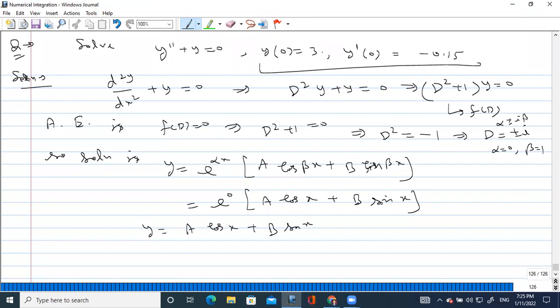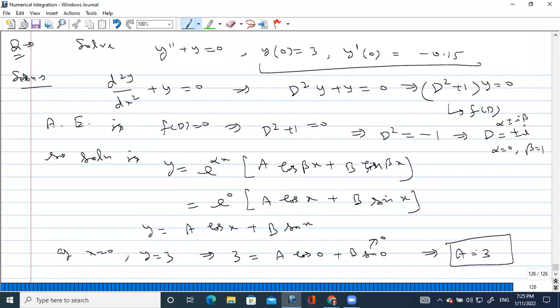Now here boundary conditions are given, so you can directly put at x equal to 0, y is equal to 3. So this implies 3 equal to a cos 0 plus b sin 0. So this is already 0, so a is equal to 3. Okay.